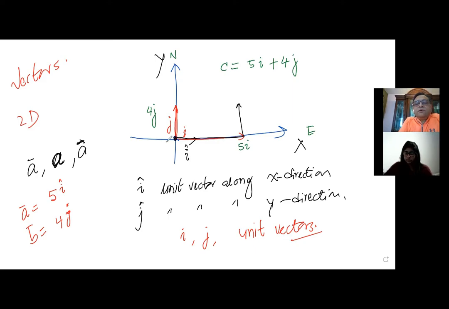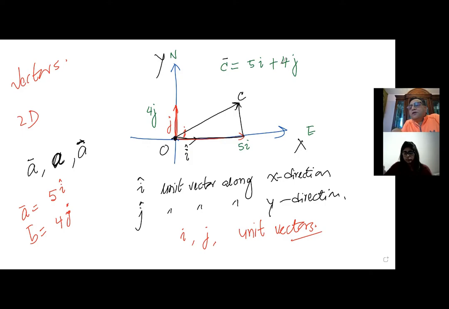So you started from a point O and you reach a point, and that vector is C. So now we have added the vectors. We got a vector C, which is 5i plus 4j.